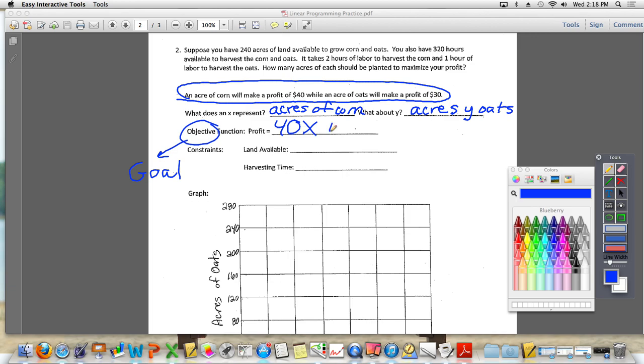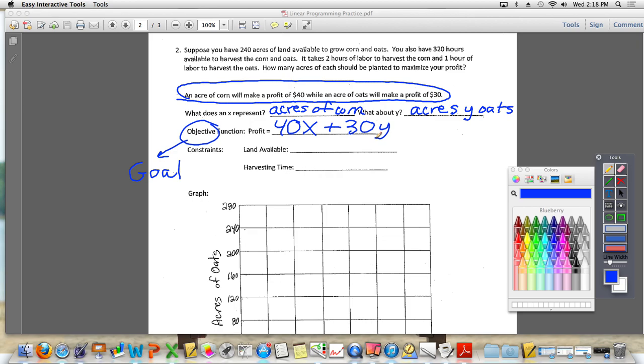So my profit comes from multiplying 40 times the number of acres of corn that I sell, plus $30 times every acre of oats that I sell. That is my profit function. This is going to become very, very important, but we're going to set it aside for right now. You don't need this until you get to the very end of this problem.